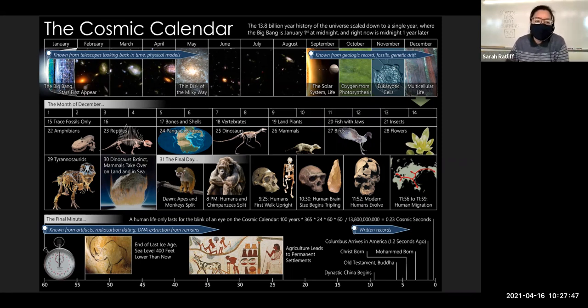February, March, and April, we're starting to consolidate all of that space dust, rocks, things like that. We're forming galaxies, planets, suns, all that fun, good stuff. Around May, so we're already in the 5th month of our cosmic calendar, that's when our galaxy, the Milky Way, is formed.